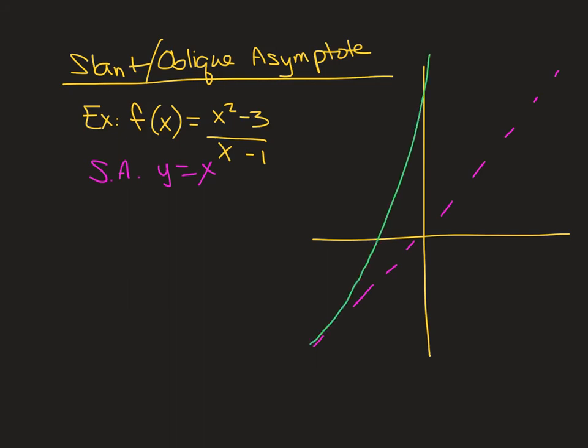Kind of looks like that. And then this in that direction. So you'll notice that it doesn't touch. I'll draw this a little bit better. So it gets closer and closer to that line, but it never actually touches it, and it doesn't cross it in this case.